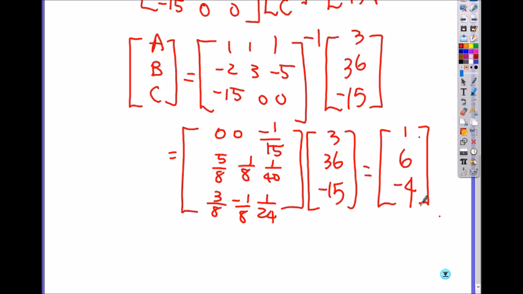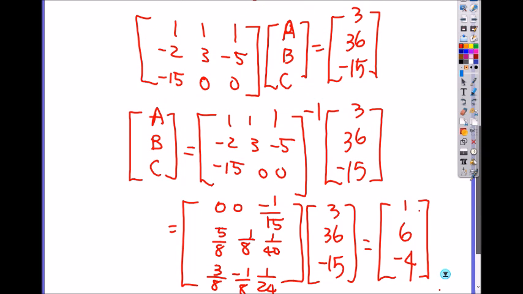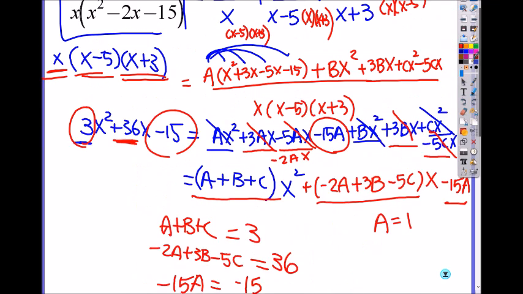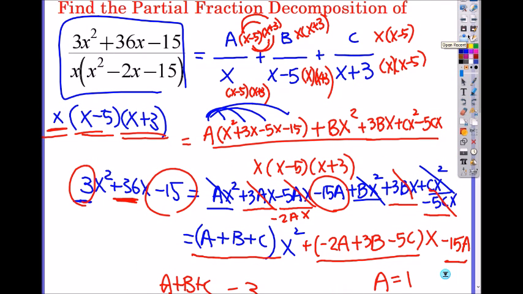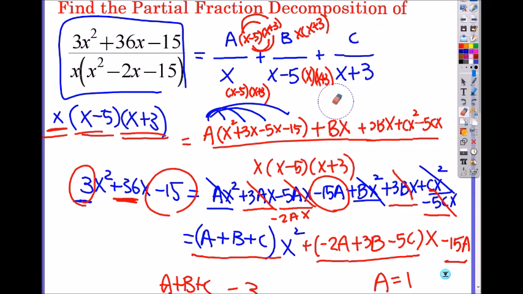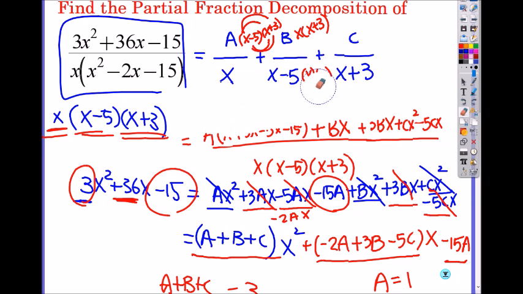So what is my ABC? Oh, are we done? This one, we don't have to write in the ordered pair. We just got to write the decomposition. So we plug in ABC here. So what is our final answer? I'm going to just edit this rather than rewriting the whole thing. You see?